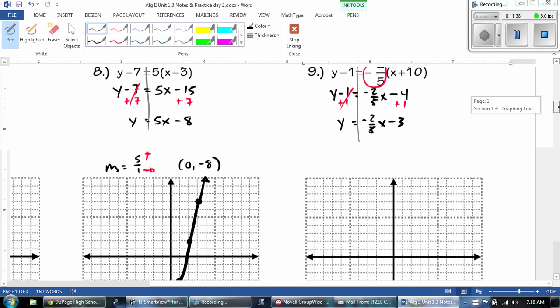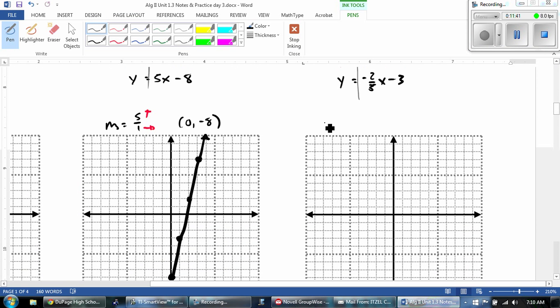Okay, and then we just write down our slope. Okay, our slope is negative 2 over 5. Our y-intercept is (0, -3). Negative 2/5 means I'm going to go down 2 and to the right 5.